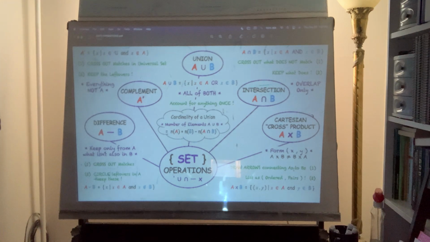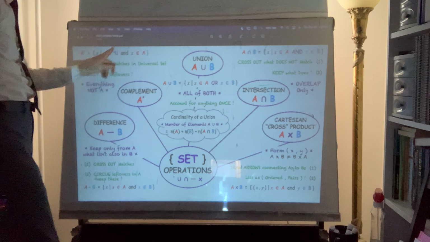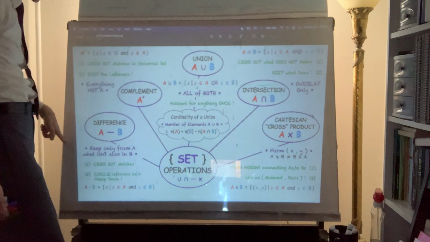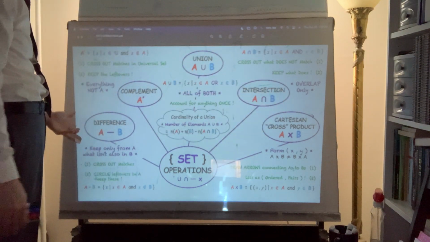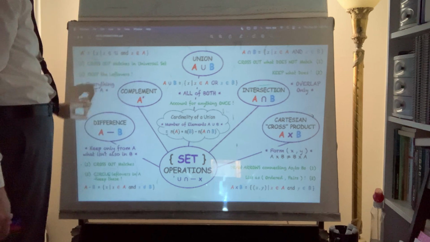All right, so let's start with complements up here and sort of go clockwise. I know that I have it listed that this is kind of furthest left, but I'm going to start from the top left corner.